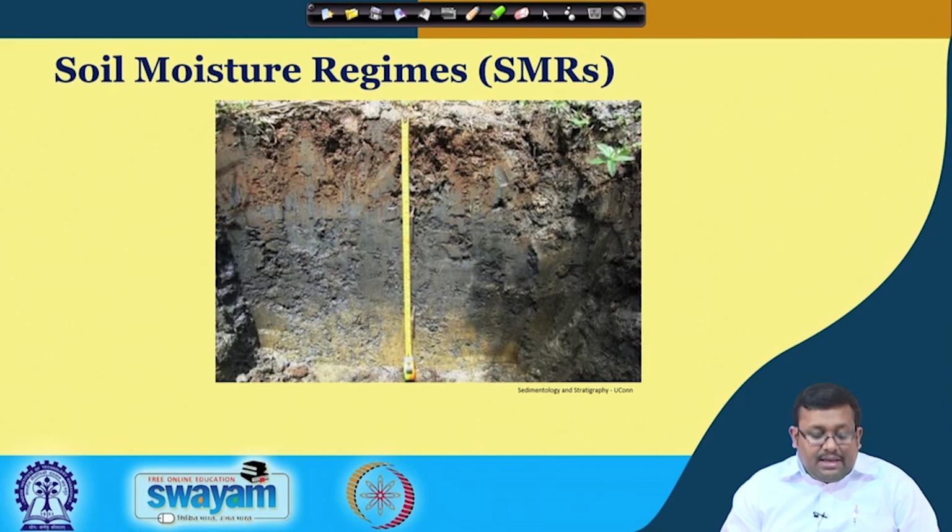You can see some pictures showing soil moisture regimes, and obviously you can see gleying is evident in this soil moisture regime, which occurs due to the prolonged waterlogged condition, and this basically shows the aquic soil moisture regime.